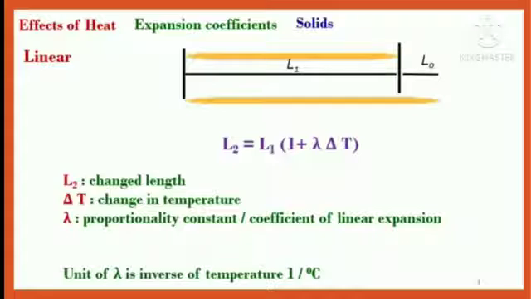Here it is given that L2 is equal to L1 into (1 plus lambda delta T). Here lambda is the constant of proportionality and it is called the coefficient of linear expansion of the solid substance.